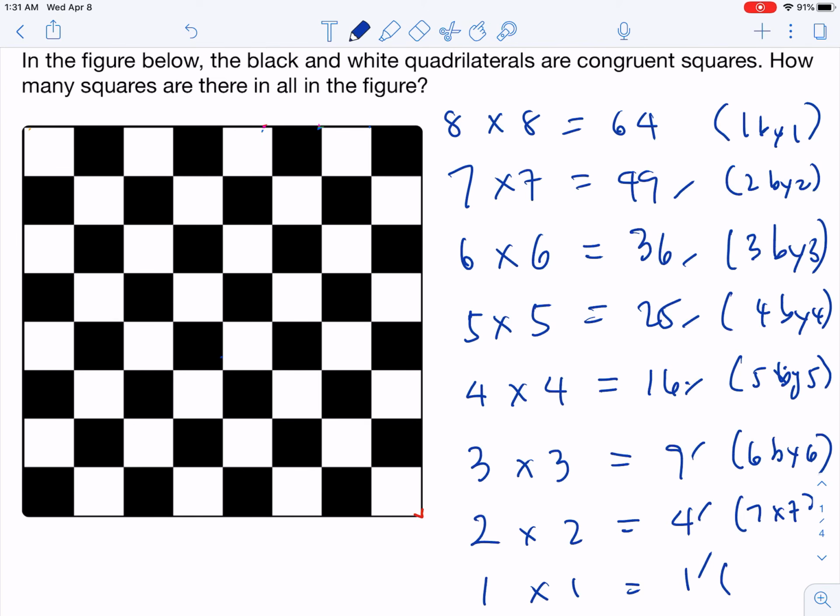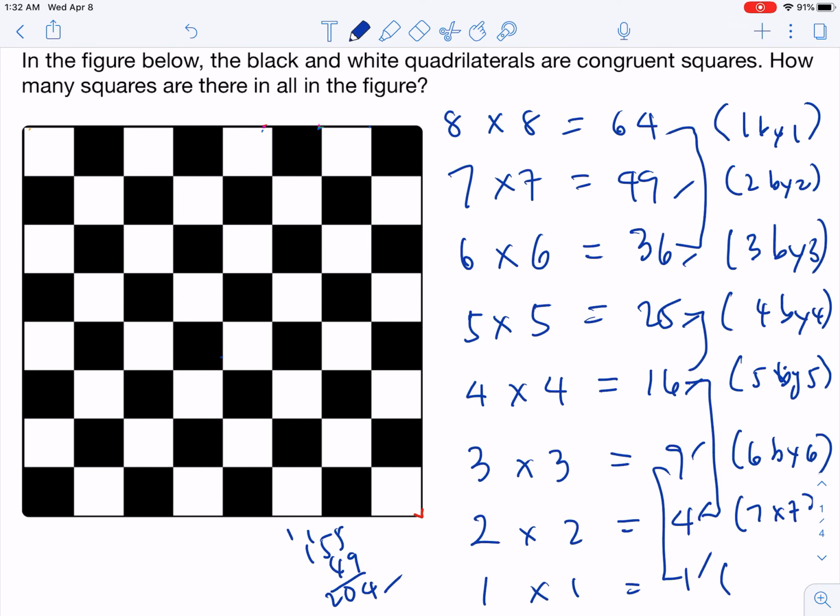Ilan yan? 20, 30, plus 25, 55, plus 45, 100. So 155 plus 49. 4, carry 1, 0, 1. So there are 204 squares in all.